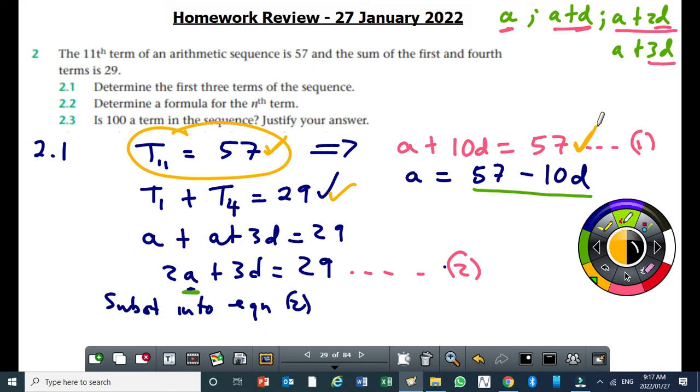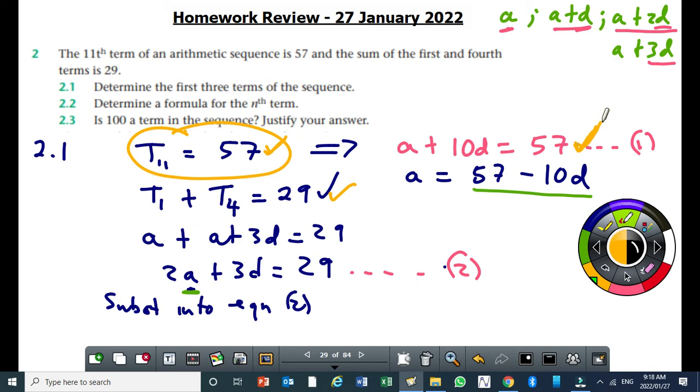A plus D, that's the second term, N is equal to 2. How many D's do we have? 1. This is T3, A plus 2D. N is 3. How many D's? 2. So to write an equation for T11, which has got A and D, the equation will be A plus 10D equal to 57. This becomes your first equation.